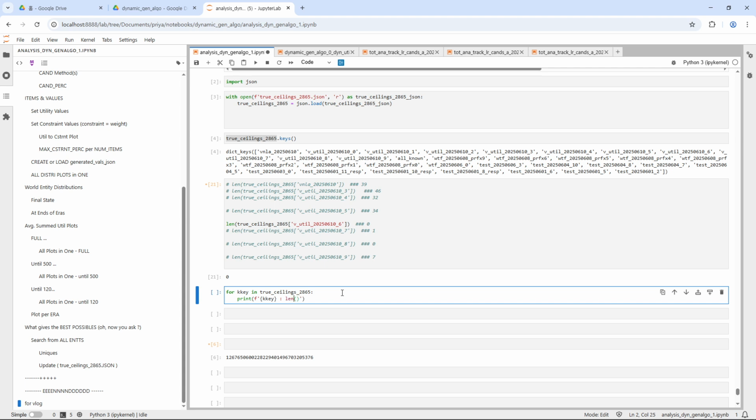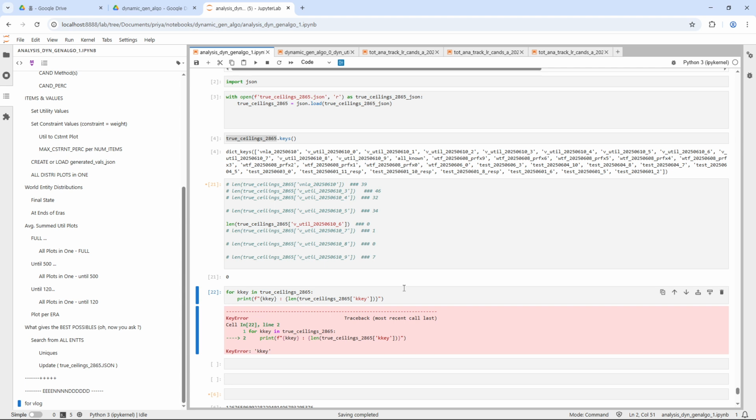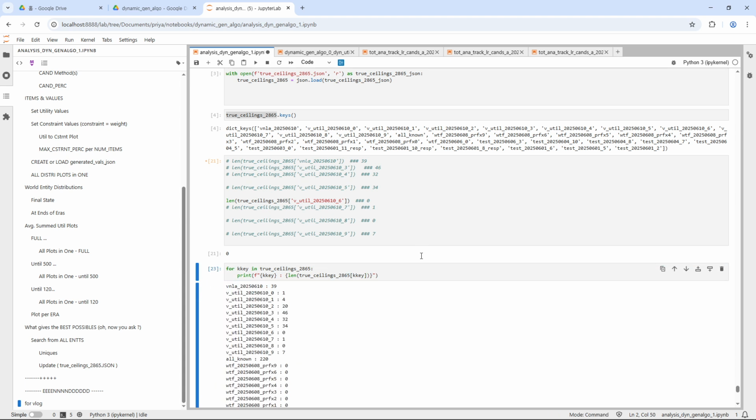Then okay, double quotes, length, there we go, and hope it works. Why not? Print key, yeah. What am I doing? Oh yeah, I'm so dumb. There we go.